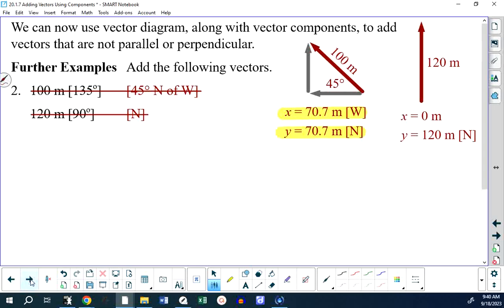We don't need this anymore because that's the same as those two. So rather than adding these 2 vectors that I've crossed out, if we add these 4 vectors, we'll get the sum of the 2. Because 2 of these highlighted vectors give us one of the 2, and the other 2 give us the other of the 2. So if we add the 4, we get the sum of the 2.